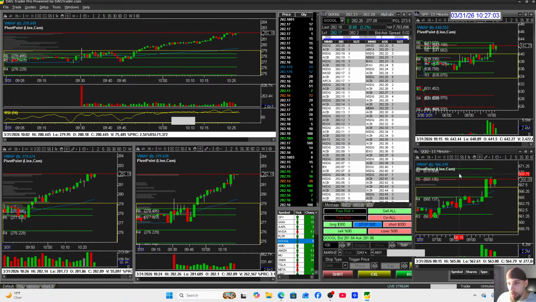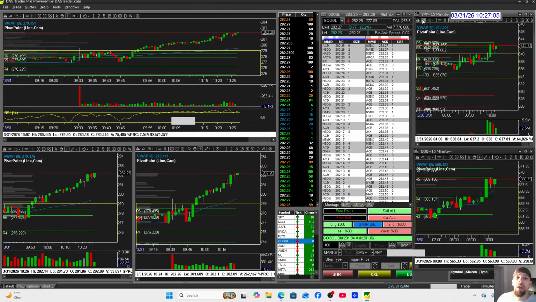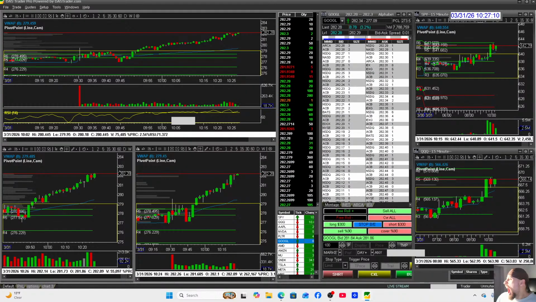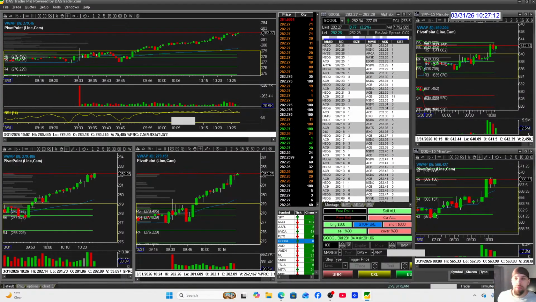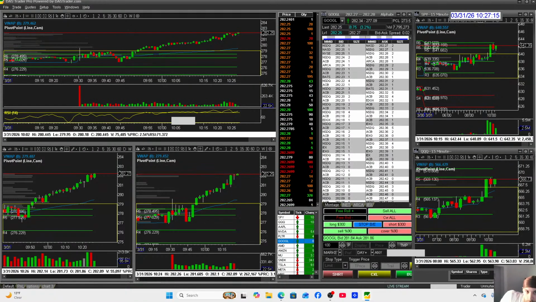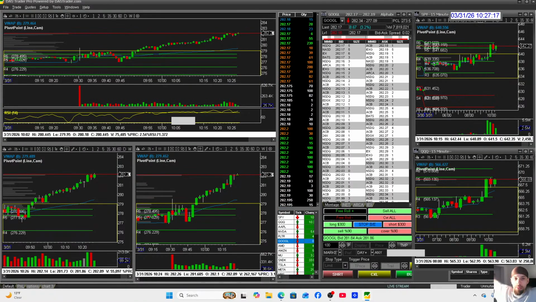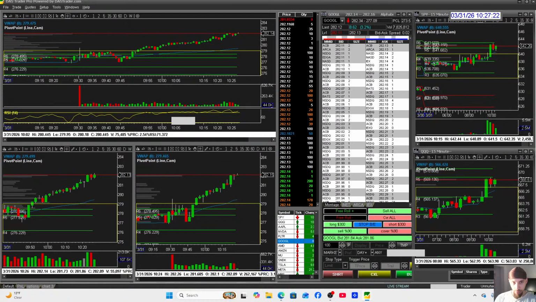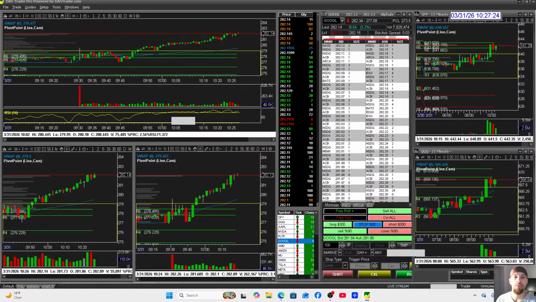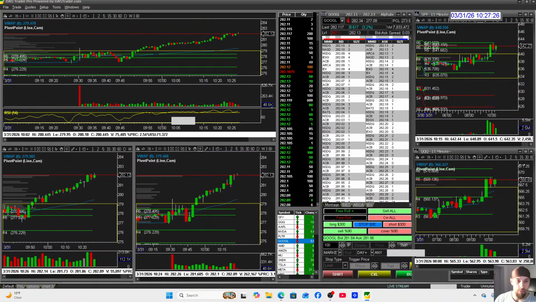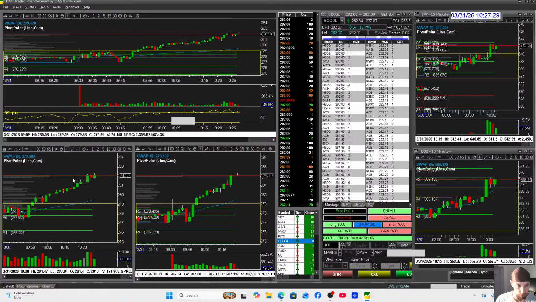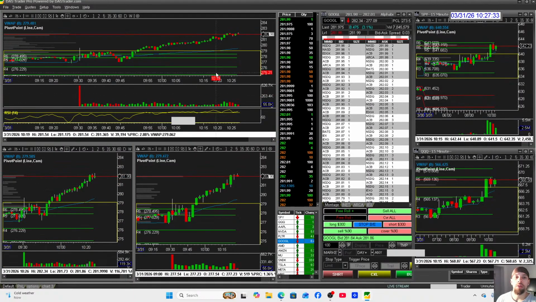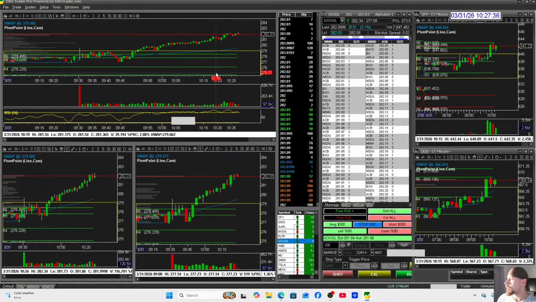Price action on SPY and Qs look bullish. And Google here still just grinding.